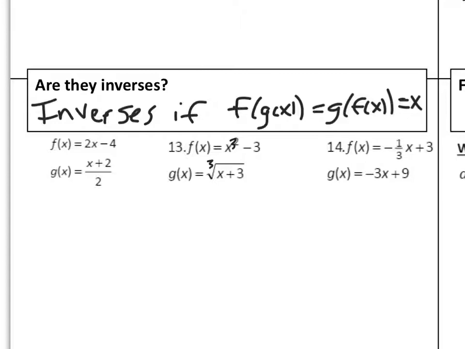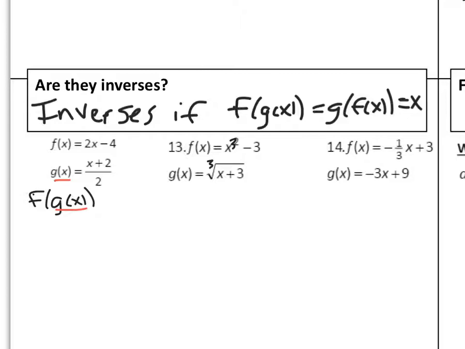Okay? So when I ask you this on a test, you have to show me the f of g of x and the g of f of x. You can't just find the inverse of one and tell me, oh, look, it's the other one. I know. Okay, so if I want to do f of g of x, we're going to do that one first. That means, remember from last class, we're going to plug g of x into f of x.